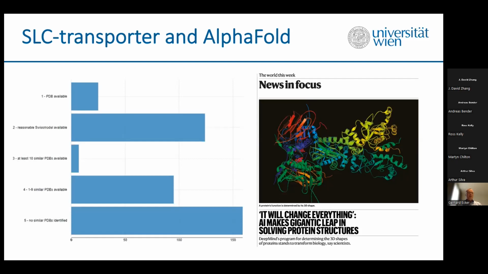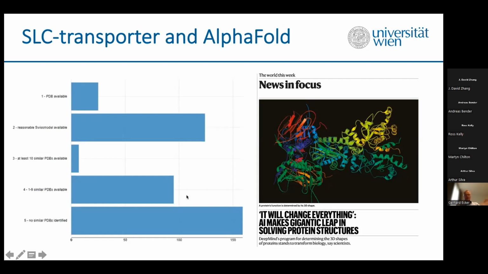For so many of them, I have a template, at least 10 similar PDBs, so I can build a decent homology model. Maybe I have fewer PDBs, but still some templates, or there is nothing in PDB, neither a proper template with a certain sequence similarity, nor anything else. This we did before AlphaFold came out.